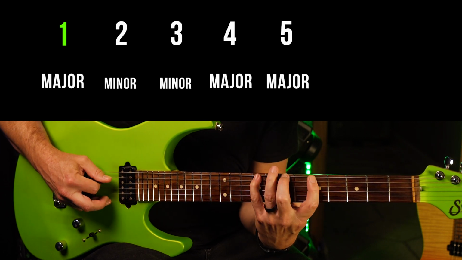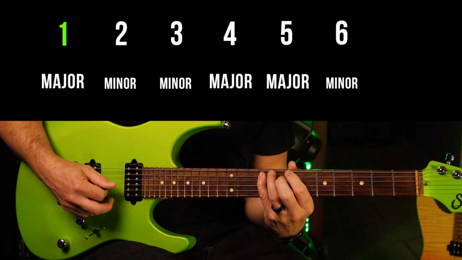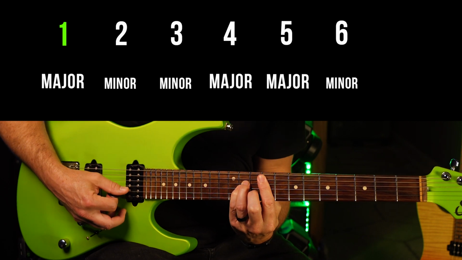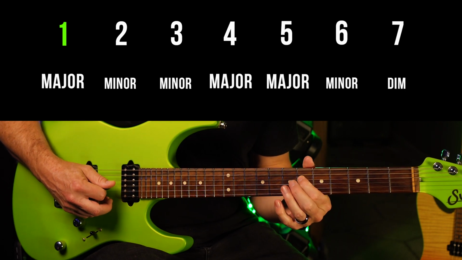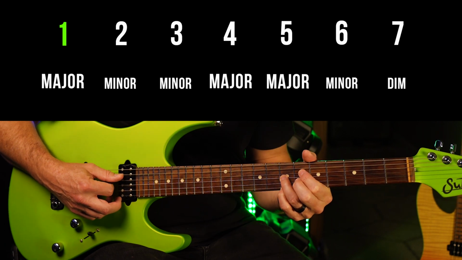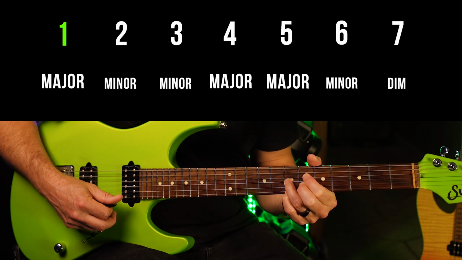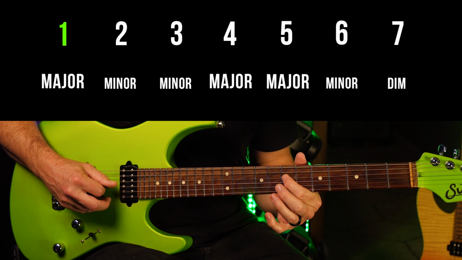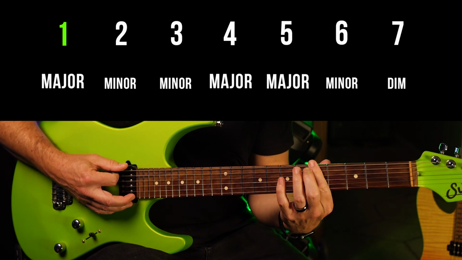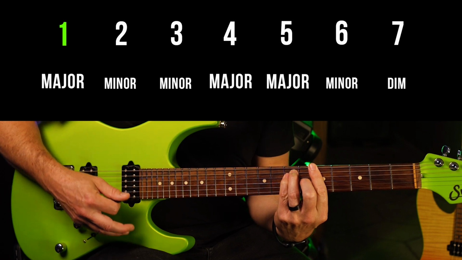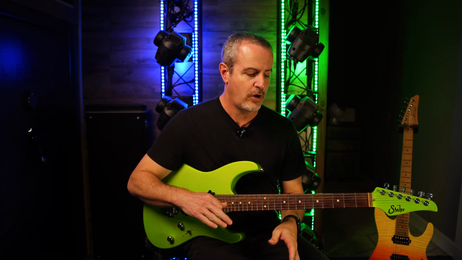Then 1, 2, 3, 4, 5, 6. On the 6th note, we get a minor chord. And then on the 7th note, we get what's known as a diminished chord. And then we end up back at our octave, which is going to be the same as your 1 note, which is major. So let's quickly go over all of those chords that are in every major key.